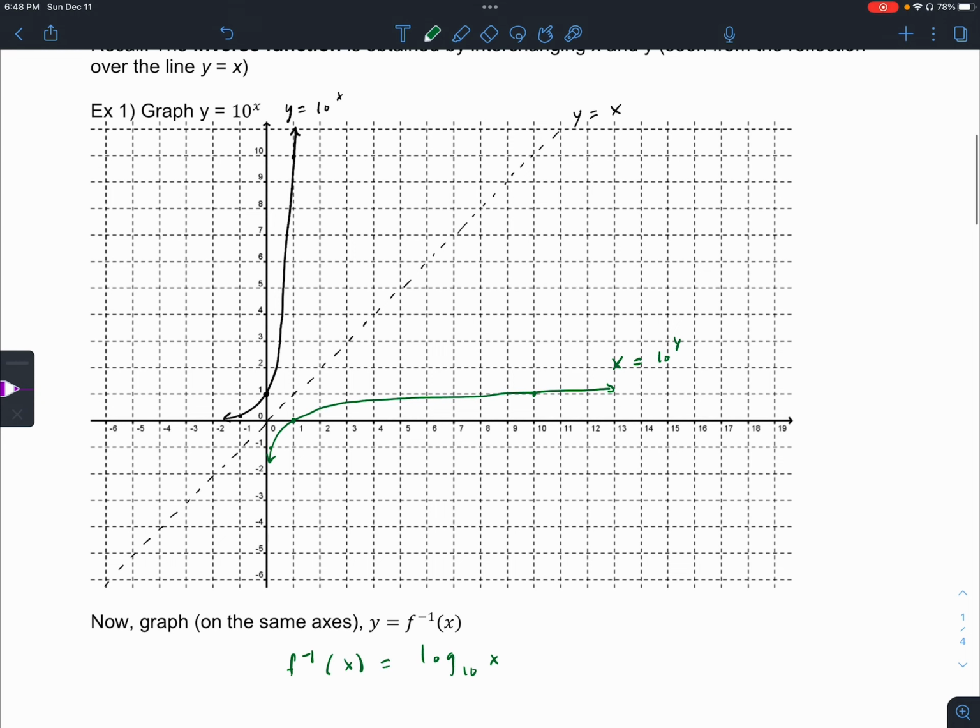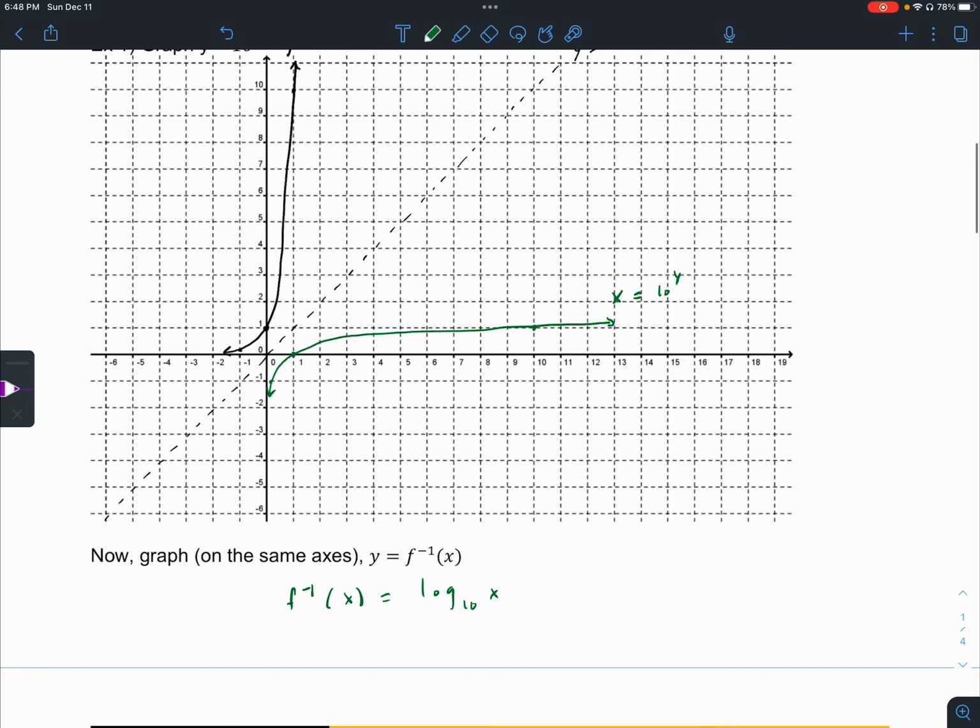This is a logarithmic function that has a base of 10, and that's the notation that we use.